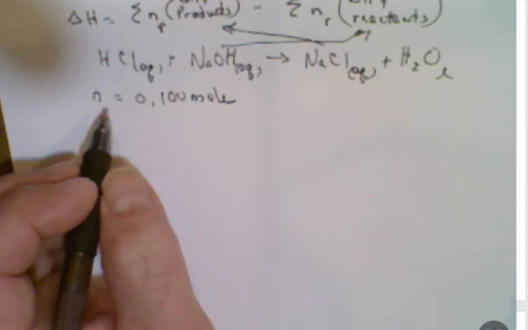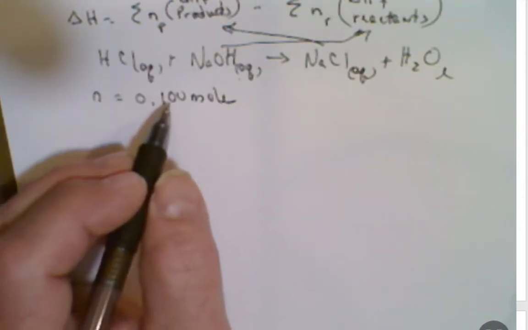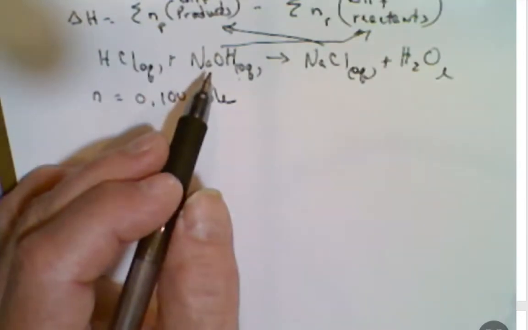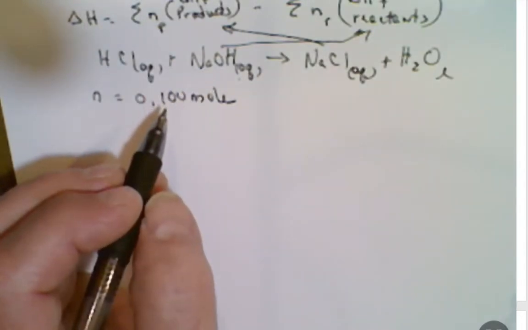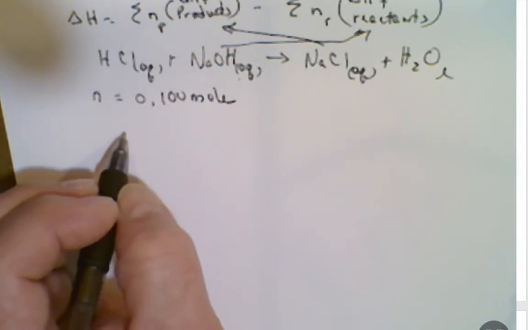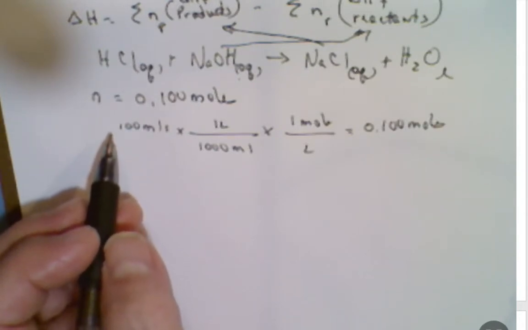The other variable that we need to insert here is our value for n. What's the number of moles of our hydrogen chloride and our sodium hydroxide? And this is how we calculate the number of moles. This should be fairly familiar to you. To calculate the number of moles, you need to know the concentration of our initial solution.